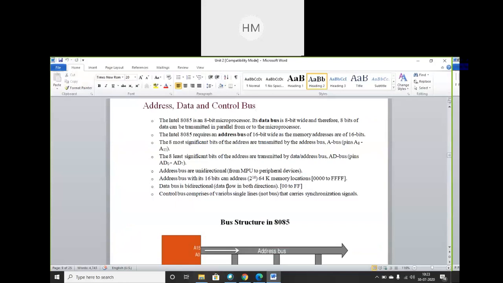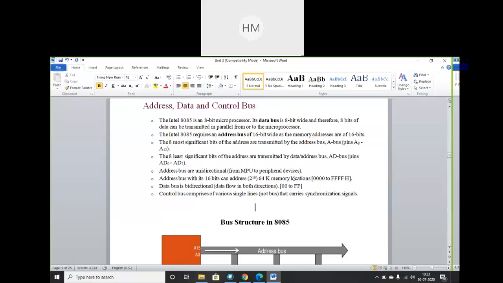See, this is a very important point. The address bus with its 16 bits can address 2 to the power 16, which I have explained to you. So 64K memory locations can be addressed by the microprocessor 8085. Here we will consider all the addresses in hexadecimal. All the addresses are in hex.